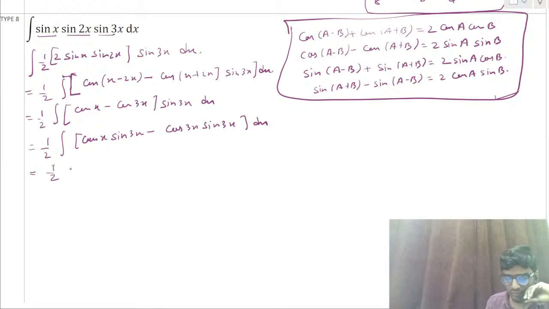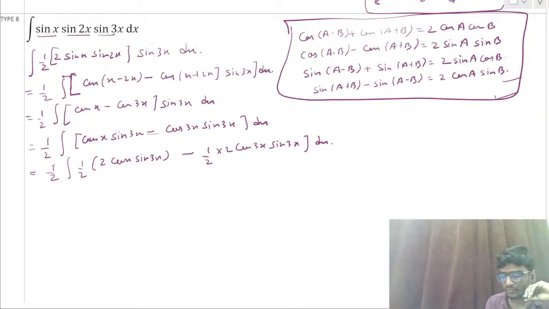We are left with 1 upon 2 integration of cos x and cos 3x terms. It is in the form of the fourth form, as you can see. So it will become 1 upon 2 times 2 cos x sin 3x minus 1 upon 2 times 2 cos 3x sin 3x dx.